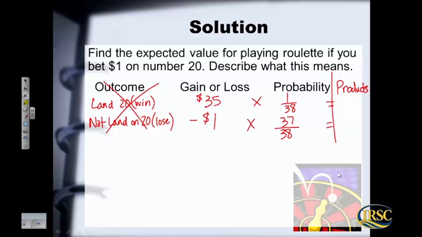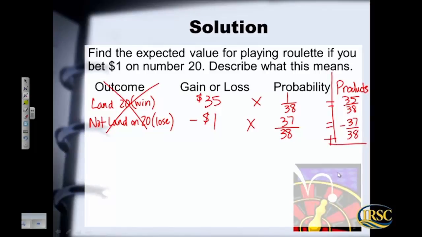And I'm just going to leave it in the form of a fraction because I'm going to be adding these numbers anyway. It'll give me a common denominator. So 35 times 1 over 38 is 35 over 38. And then negative 1 times this fraction just gives you negative 37 over 38.